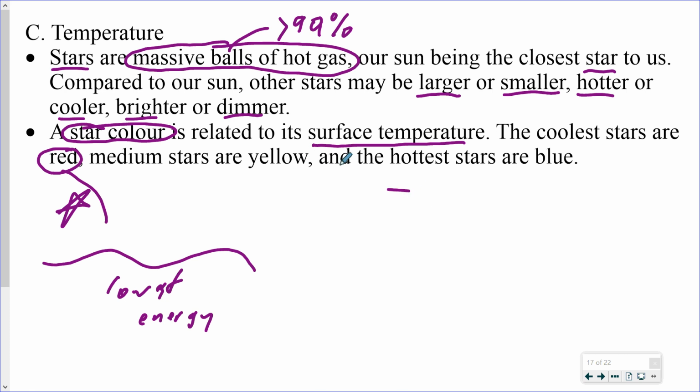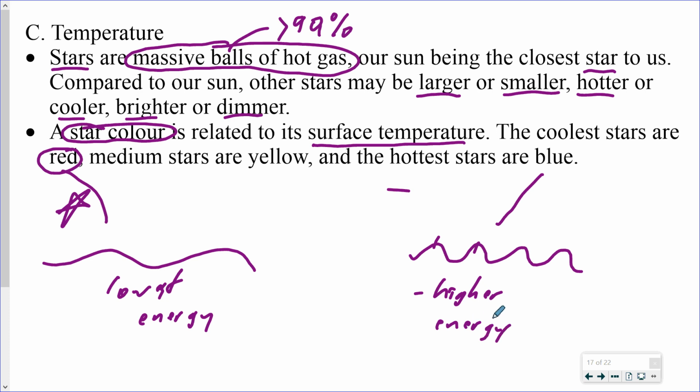As we go to the yellow and eventually the blue, these ones here have the shorter wavelengths. These are higher energy. Lower energy means lower temperature. Higher energy means higher temperature. So red stars will have the lowest energy. They have the lowest temperature.